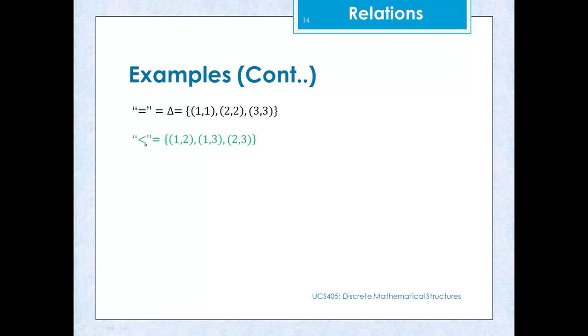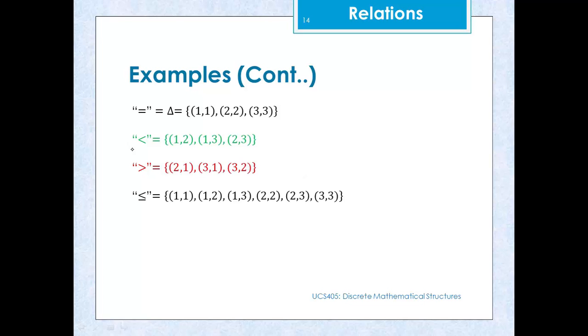Similarly, for the less than relationship, the ordered pairs will be (1, 2), (1, 3), (2, 3). In the greater than relationship, the ordered pairs will be (2, 1), (3, 1), (3, 2).